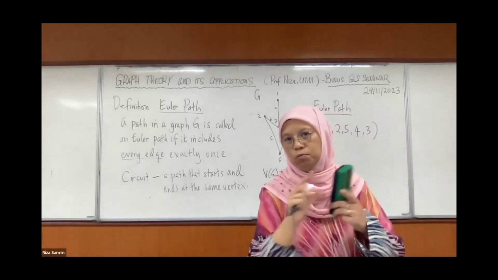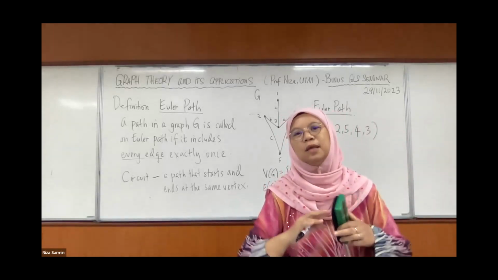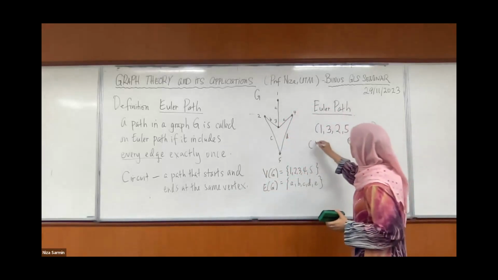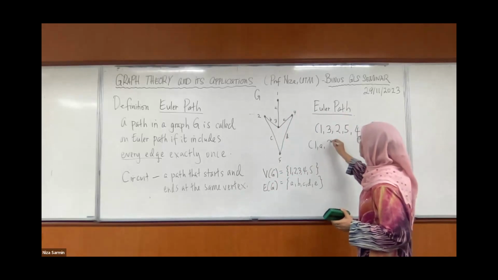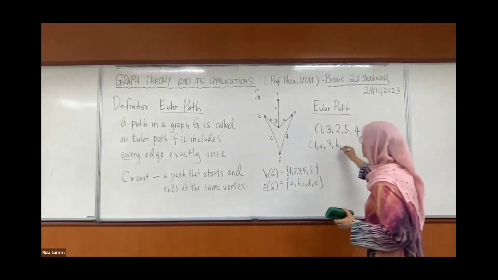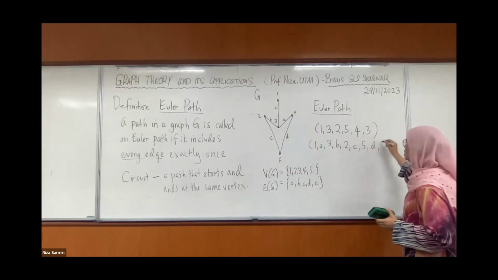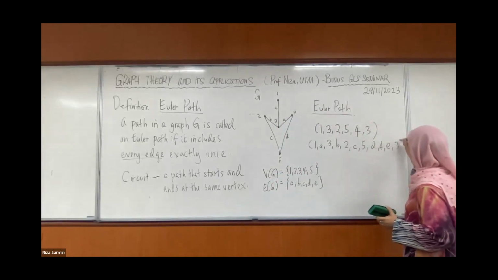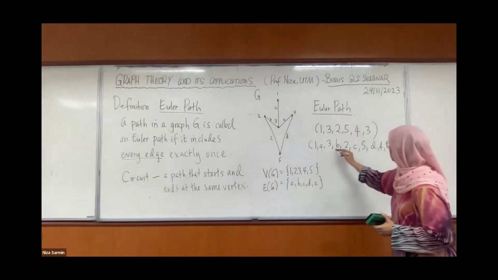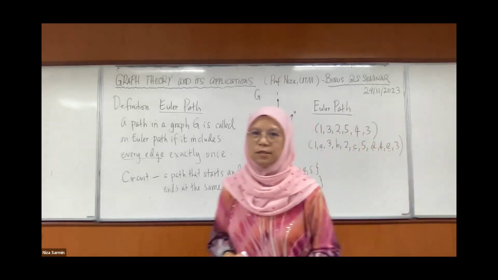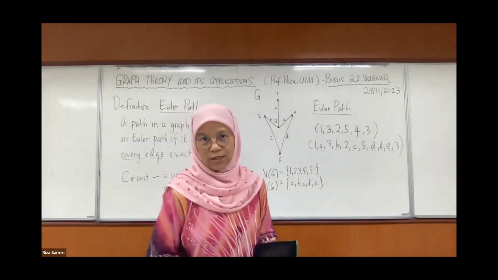Some authors don't put in the edges, but it's actually better to put them in so you can see exactly: 1, A, 3, B, 2, C, 5, D, 4, E, 3. So you see A, B, C, D, E. You can really see the edges appear only once in the path.